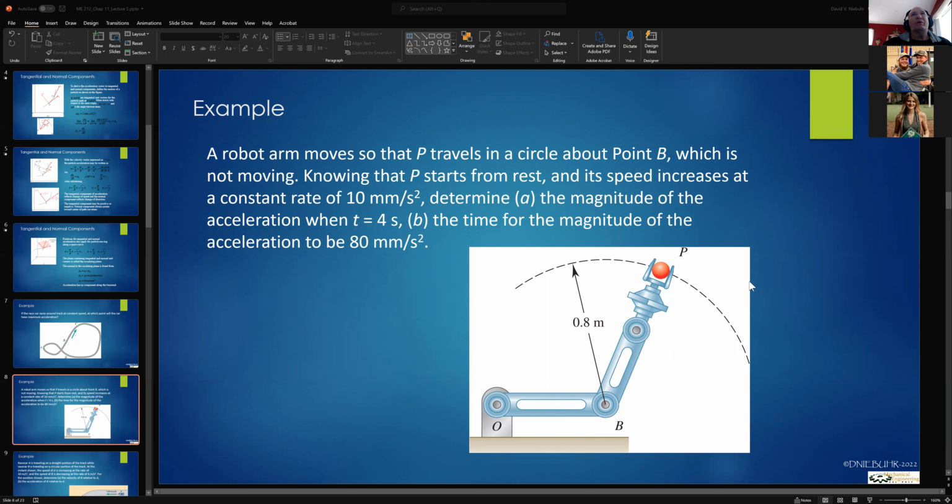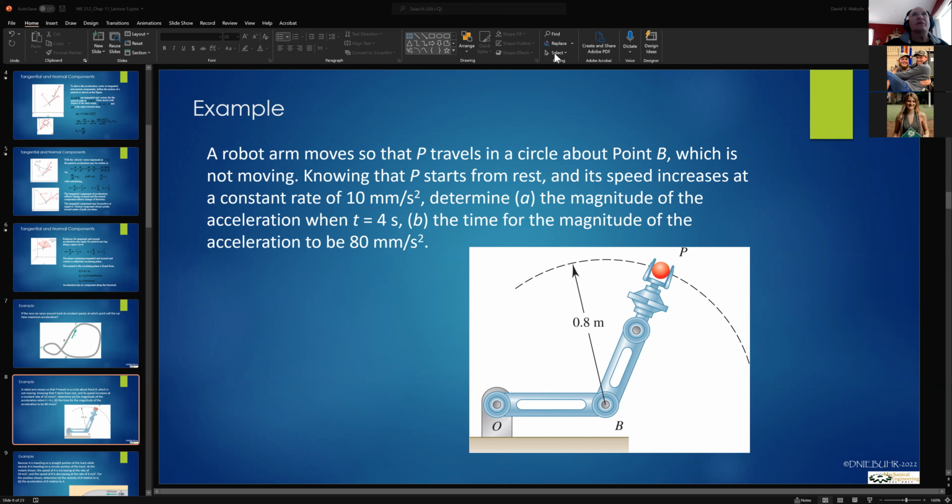When it starts from rest, its speed increases at 10 millimeters per second squared. So that's our tangential acceleration. We want to determine the magnitude of the acceleration when t equals 4 seconds, and the time for the magnitude of acceleration to reach 80 millimeters per second squared. Okay, so let's walk through that problem so we understand what we're doing.